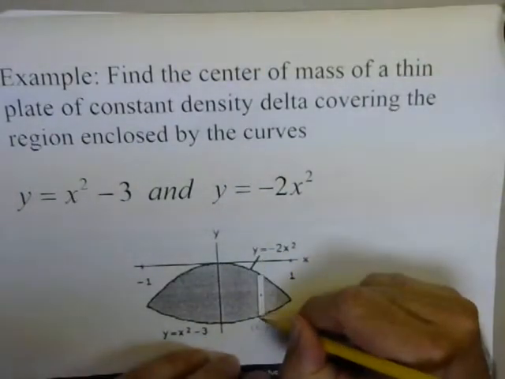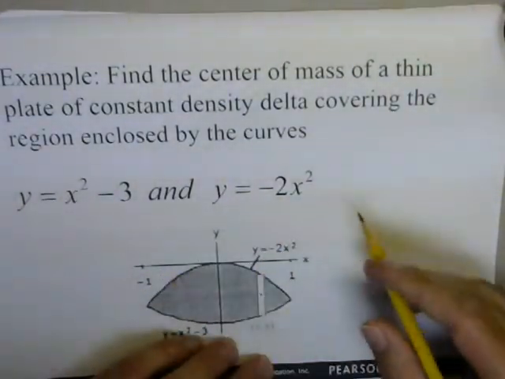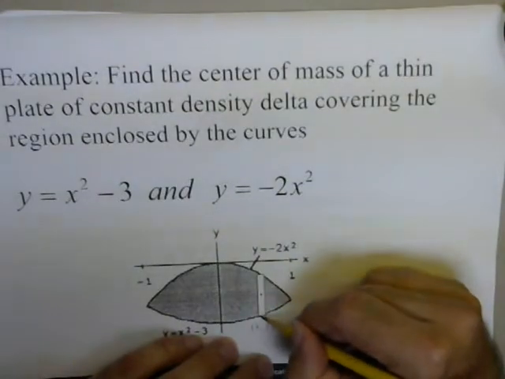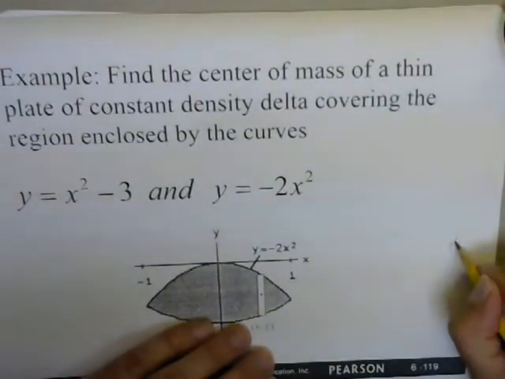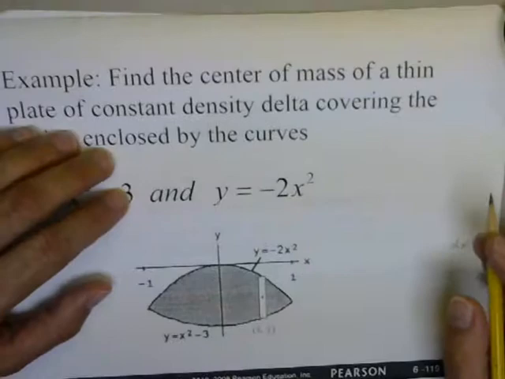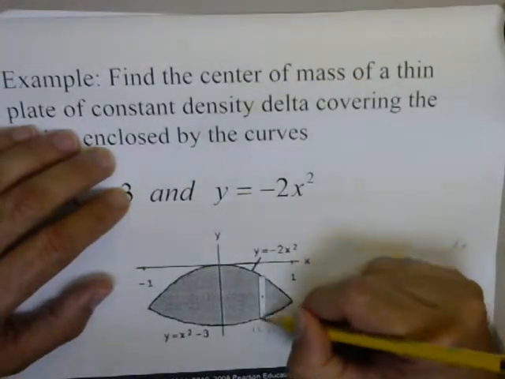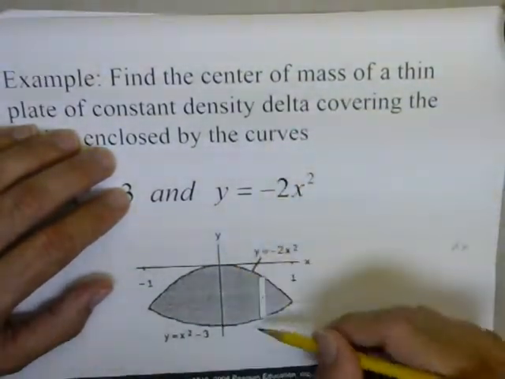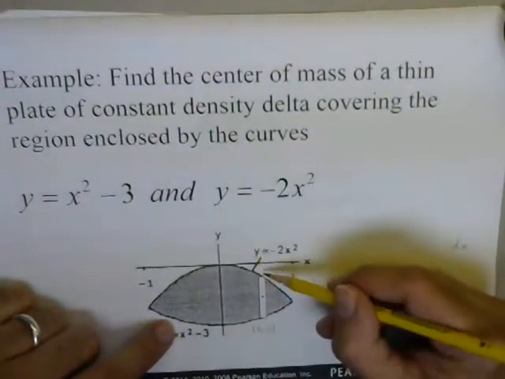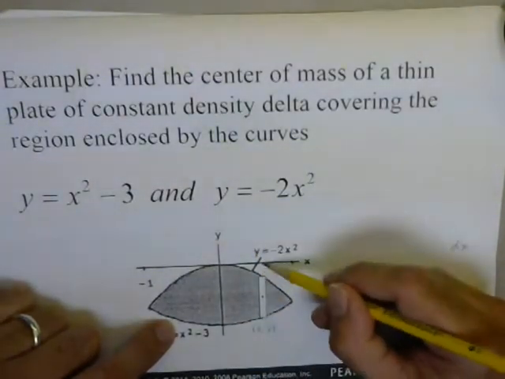So if you think about the strip here, right, we're integrating this way. So the thickness of the strip here will be dx, and the height of the strip will basically be, if you think about it in this case, this length minus that length.